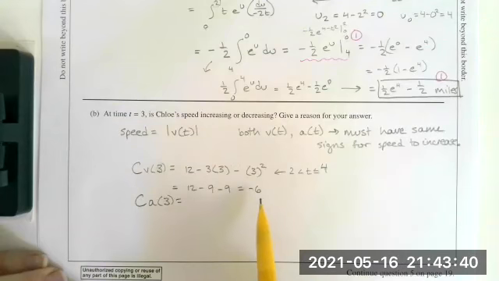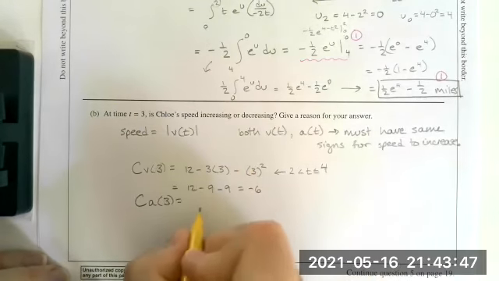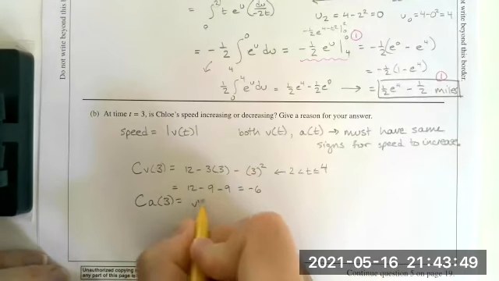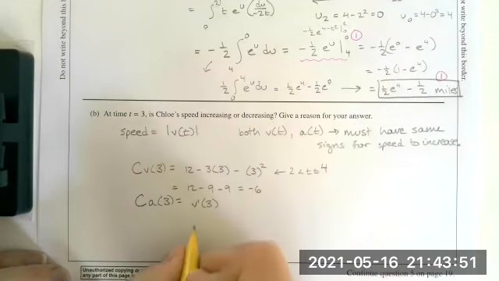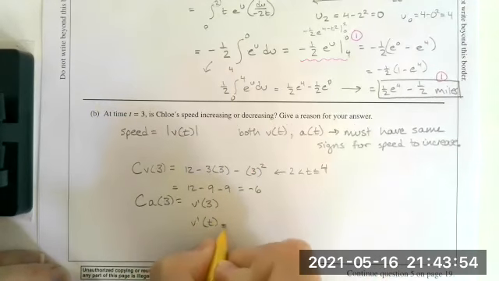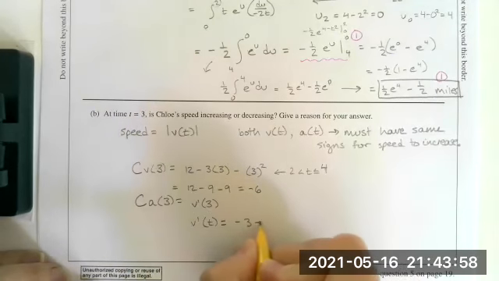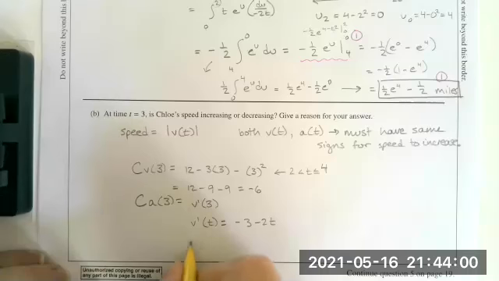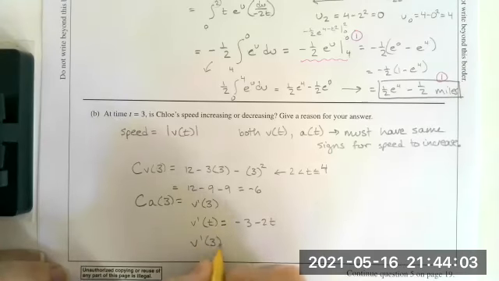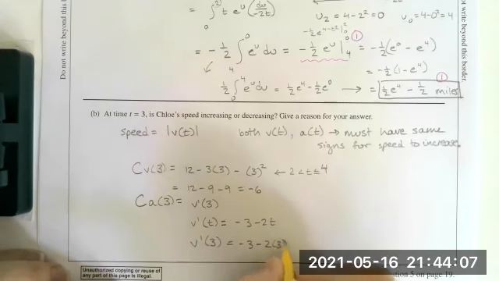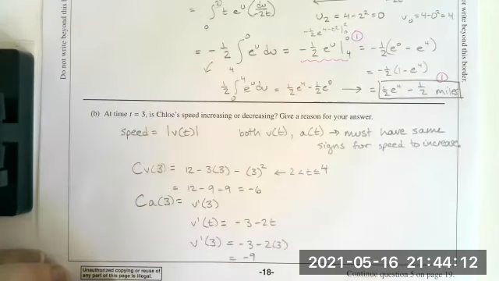Okay, step 1, velocity is negative. Step 2, what's the acceleration? Well, the acceleration is the derivative of the velocity. So we need to derive Chloe's velocity, which gets me negative 3 minus 2t. And then we can plug in 3. Negative 3 minus 2 times 3, and we get negative 3 minus 6, or negative 9.